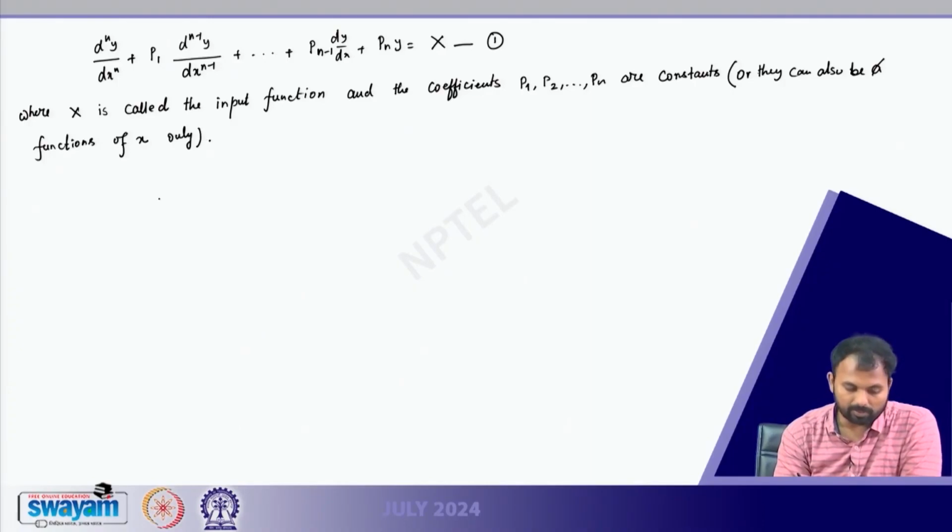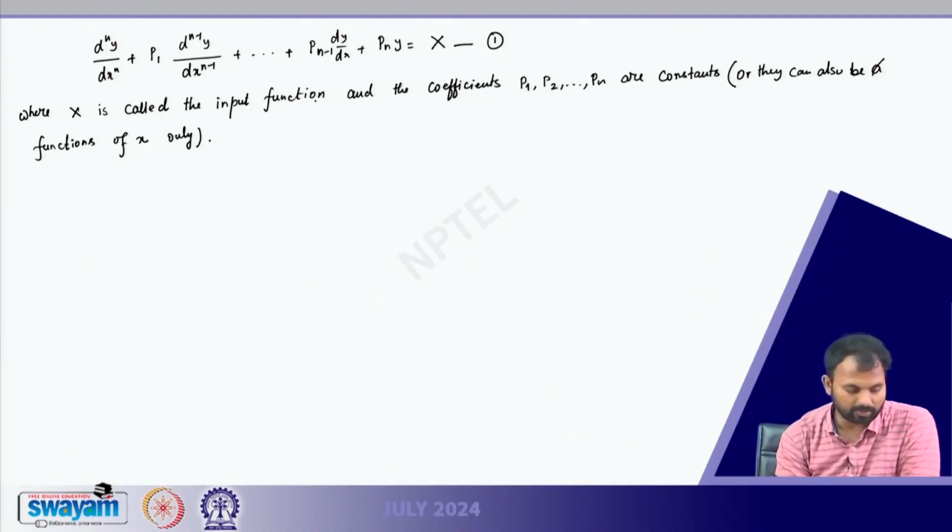So, the dependent variable and its derivatives appear as d^n y by dx^n, d^(n-1) y by dx^(n-1), and so on, and the independent variable is x here, right. The right hand side is a function of x.